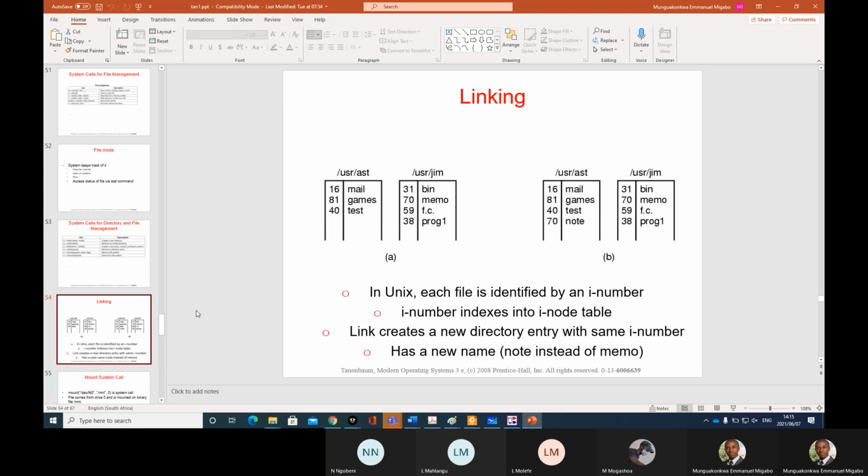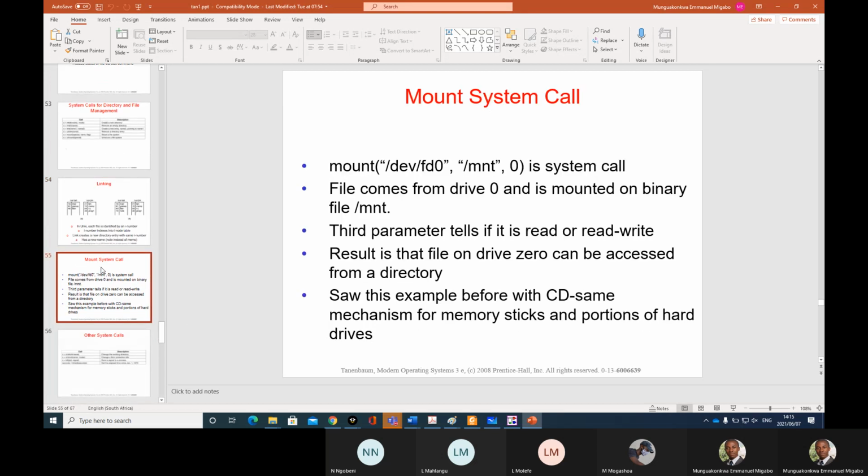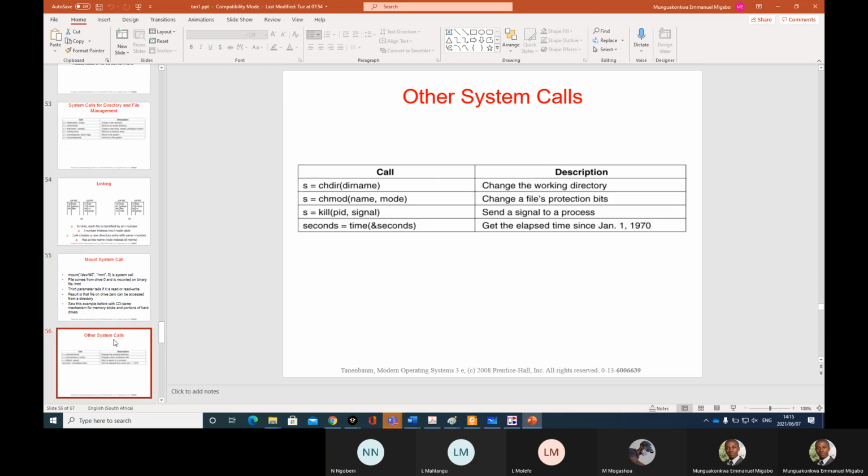Although two files could have different names, they are linked. If they are linked, they definitely have to have the same I number. That's the point I'm trying to make there. The mount system call is explained here, and I sort of spoke about it when I spoke about the CD, memory sticks, etc. So I've explained this already.